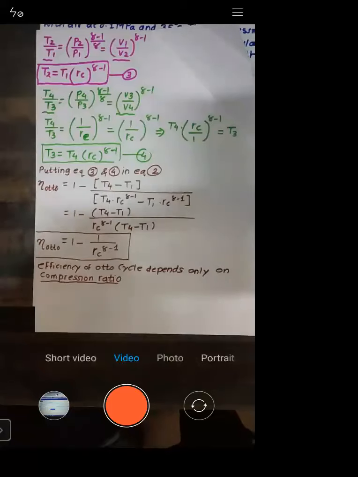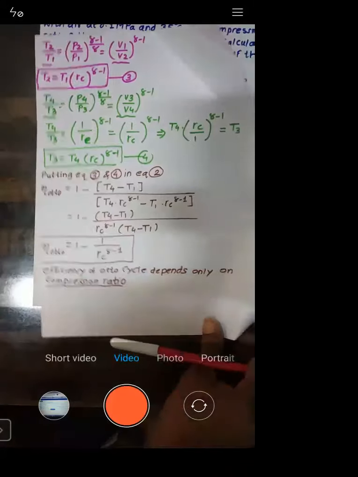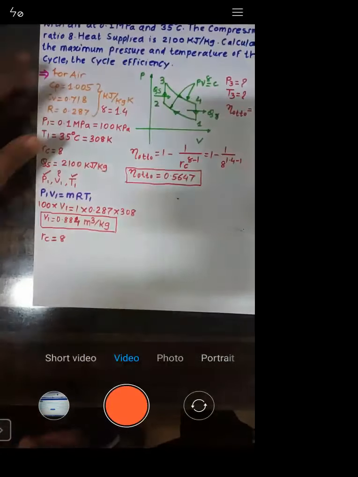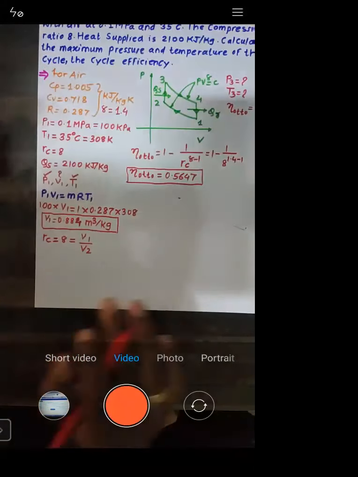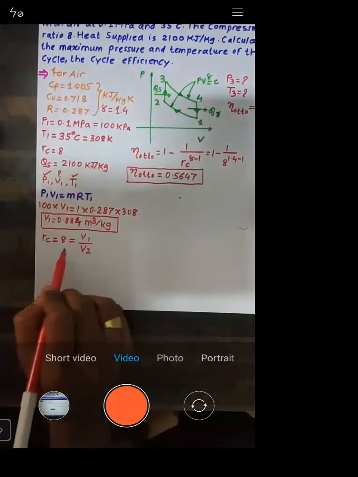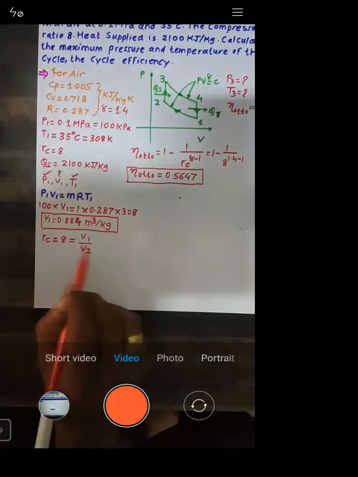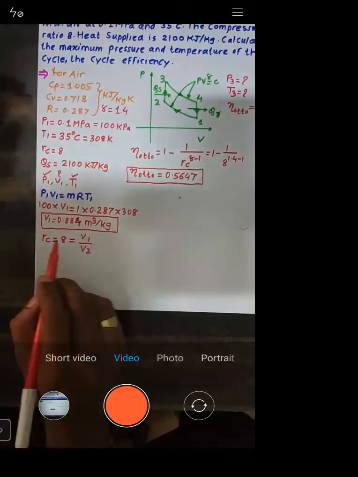Compression ratio is the ratio of volume before the compression to the volume after the compression. We already exercised this. RC is given as 8, and it is nothing but the volume before the compression to the volume after the compression.